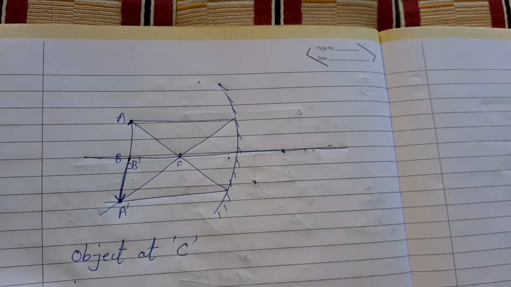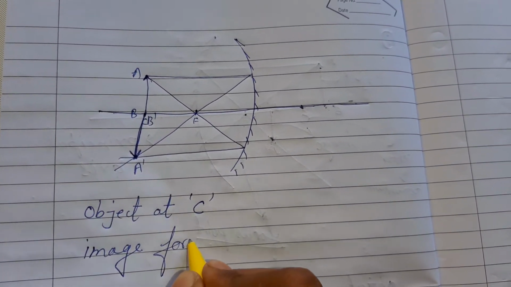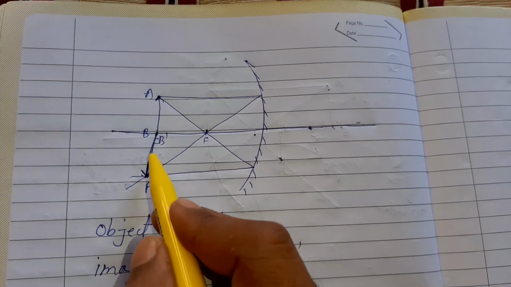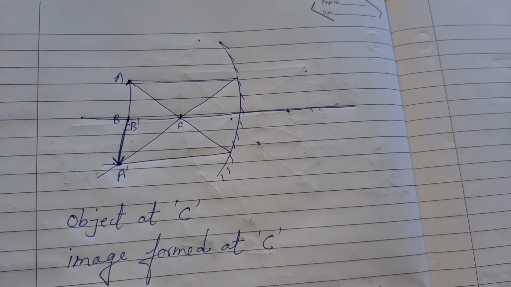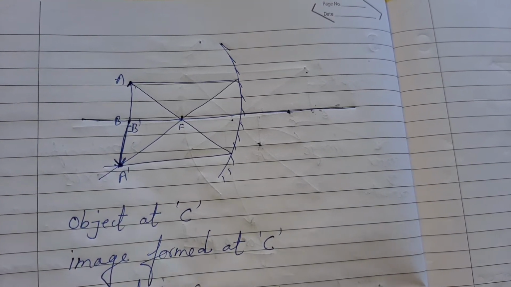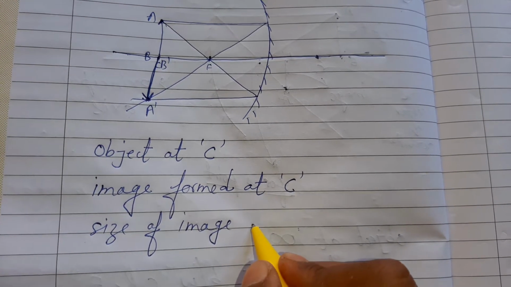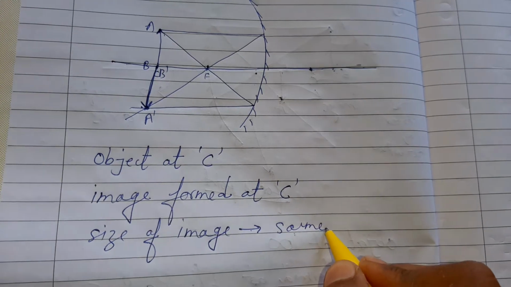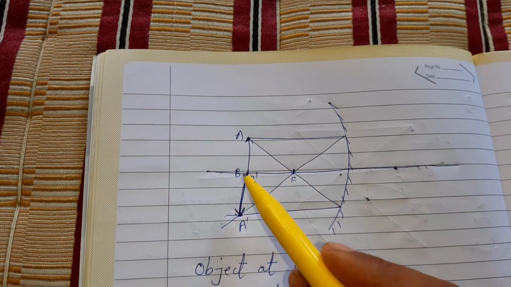The image is formed at C. Where is the image formed? At C itself. Okay, image formed at C, and the size of the image is the same size. Okay, size of image is same size.